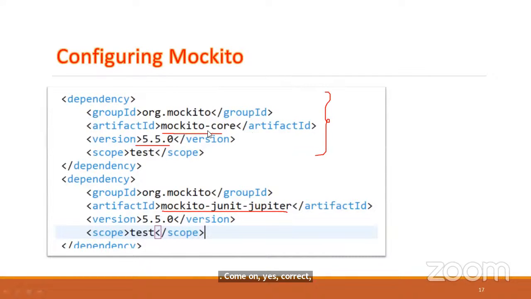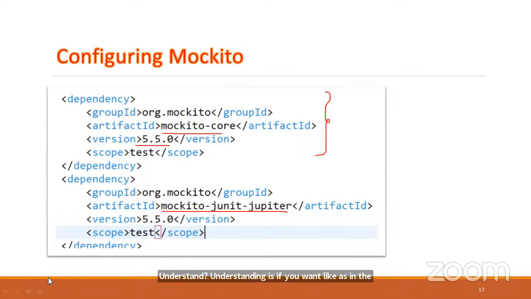Mockito core will give you some annotations and some of the methods of the Mockito class. Simple. So these are the two dependencies you need to configure in your pom.xml file. On top of it, if you want to include the JUnit library as well, you can include it, sir.